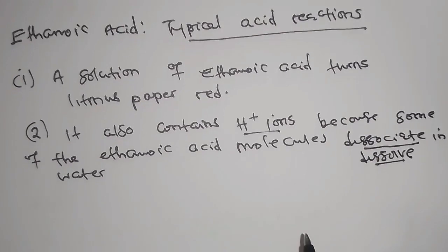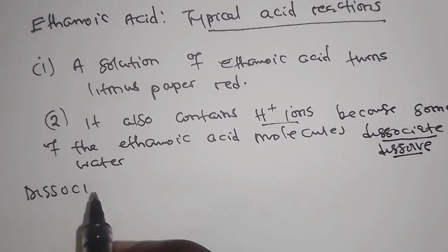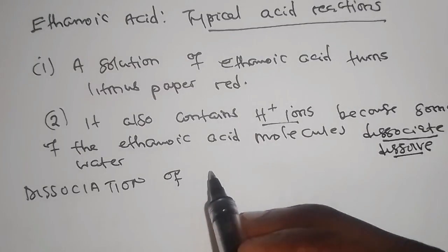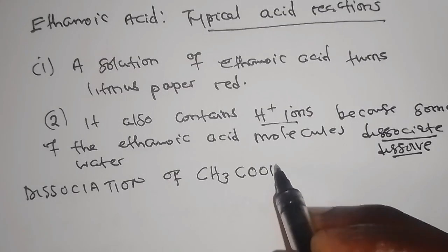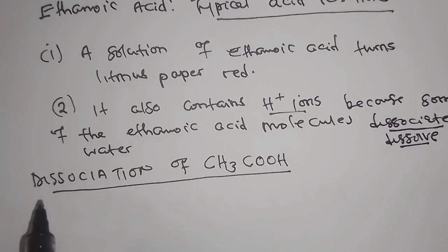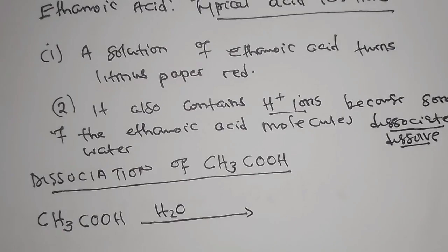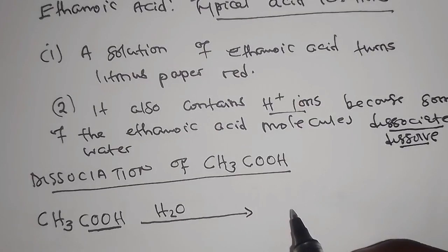So when you are looking at dissociation of this ethanoic acid, if you have this ethanoic acid, CH3COOH, and then we dissolve it into water, what's going to happen is that from the functional group, the hydrogen will actually dissociate.